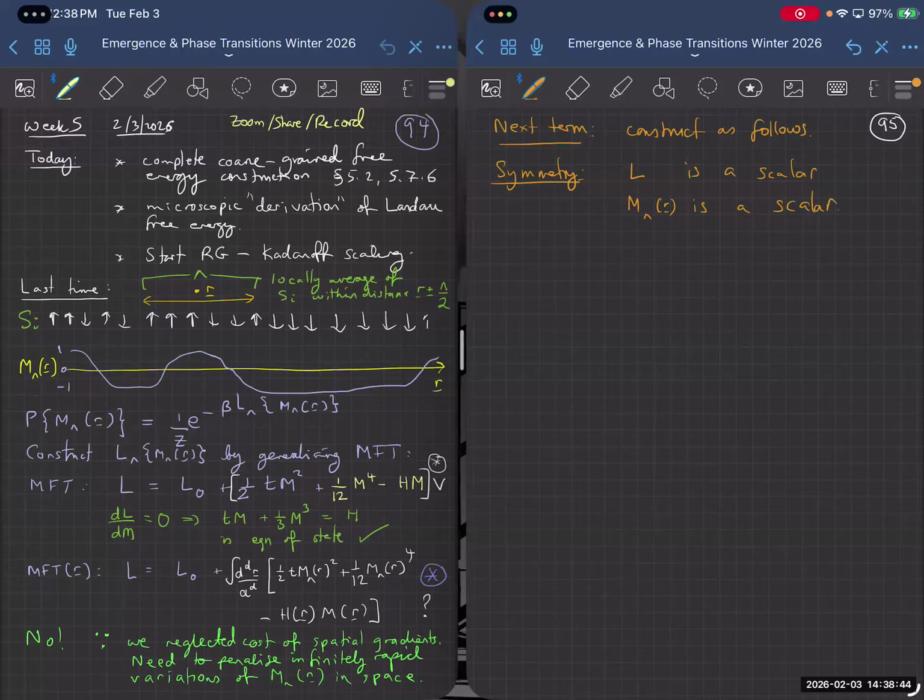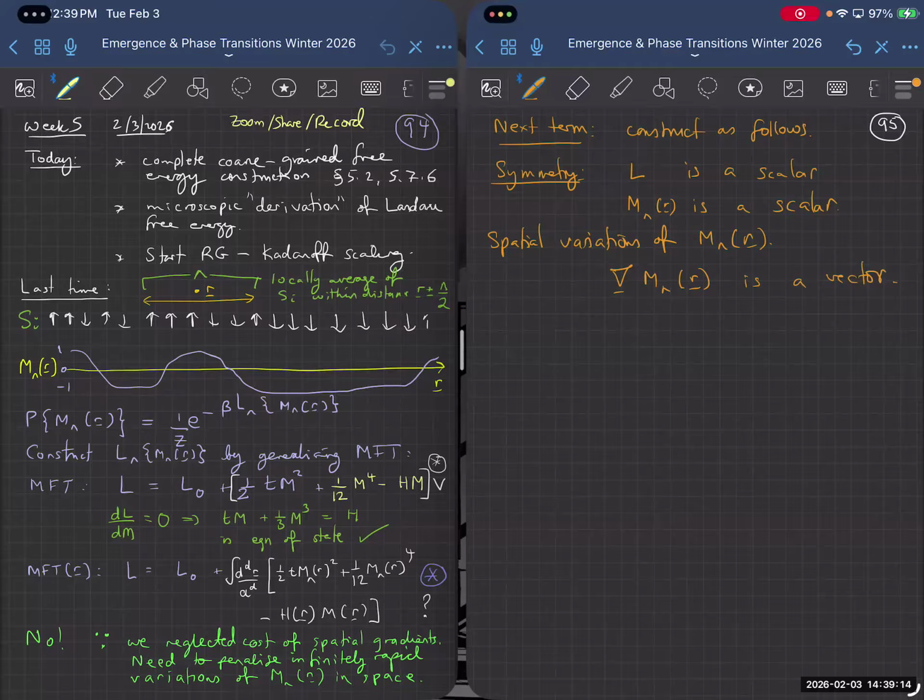If I want to look at spatial variations of m lambda of R, then the simplest spatial variation would be grad of m lambda of R. And that quantity is a vector.